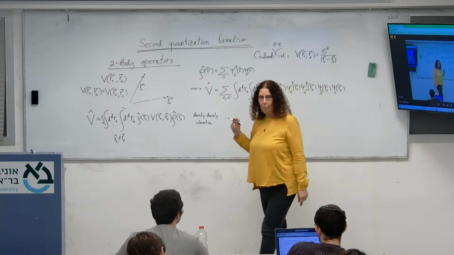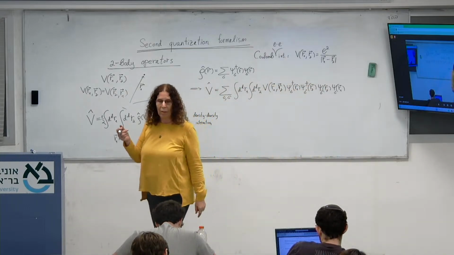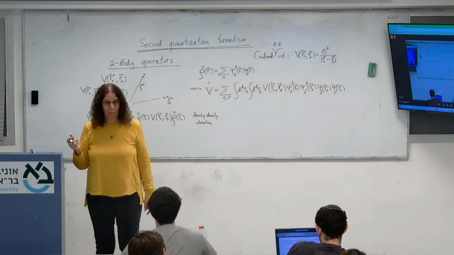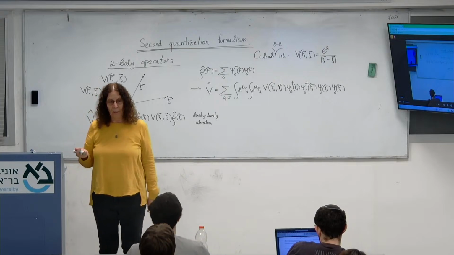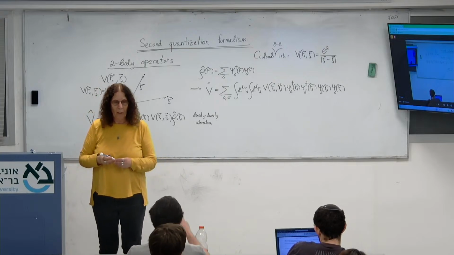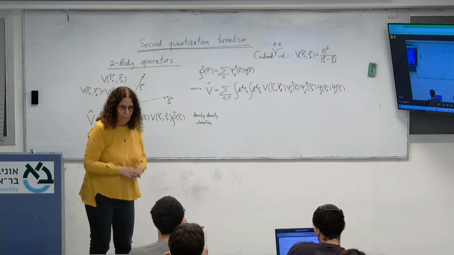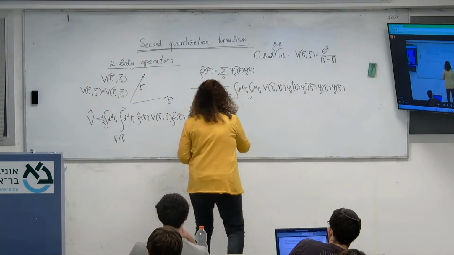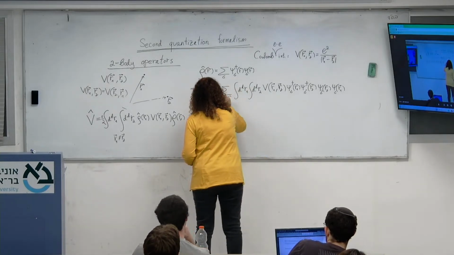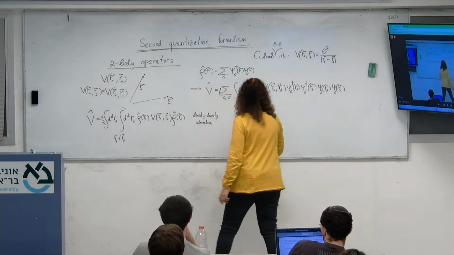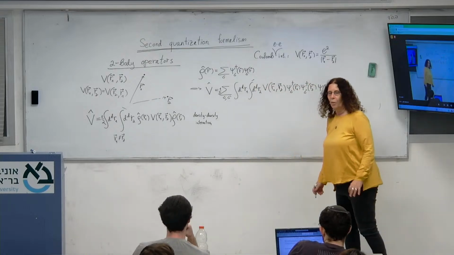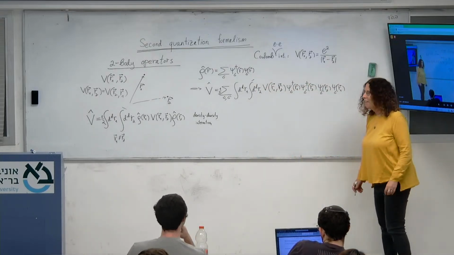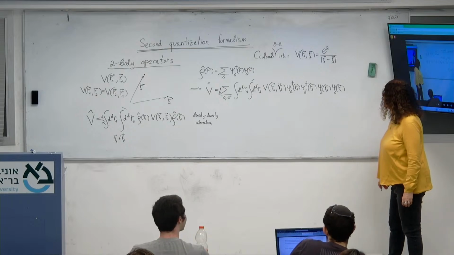If I reshuffle an even number of times, I get a positive sign. You forgot again the half and the half. What? You forgot the half. Yeah, I forgot the half, right. That's right. So keep reminding me.